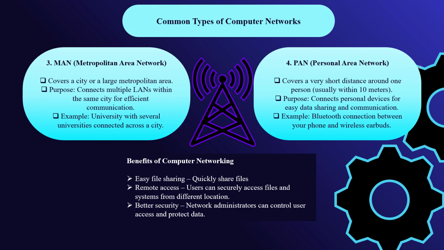A perfect everyday example is the Bluetooth connection between your phone and your wireless earbuds. Next is the MAN, or metropolitan area network, which covers a city or large metropolitan area. Its purpose is to connect multiple LANs within the same city for more efficient communication, such as several university campuses connected together across a city.